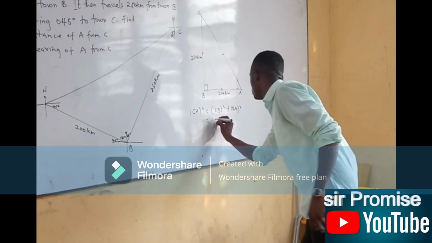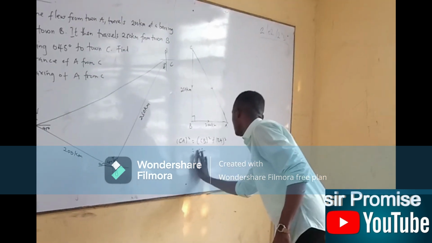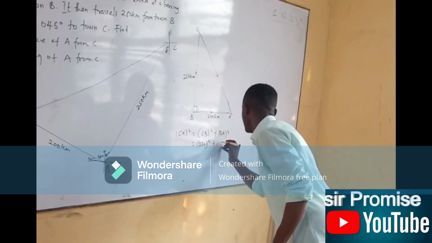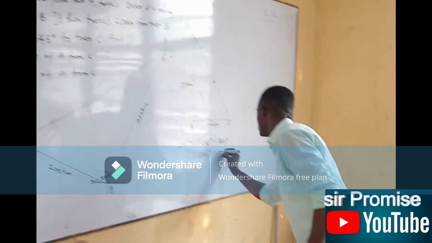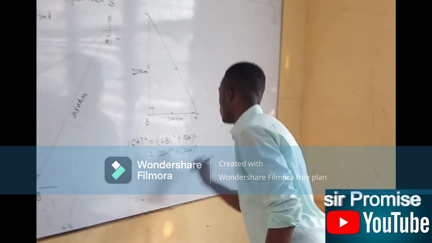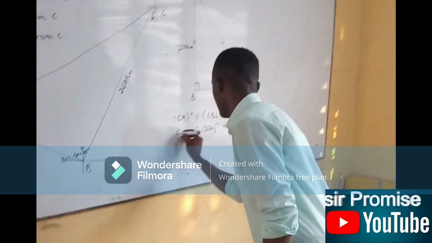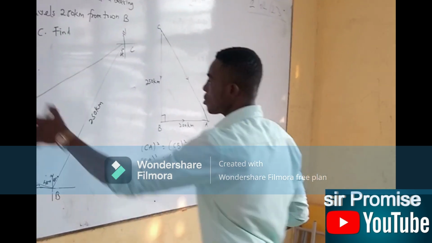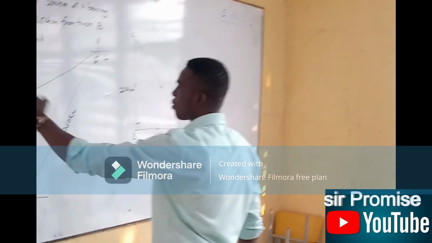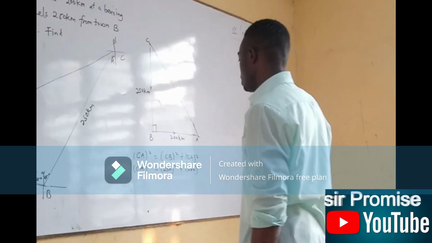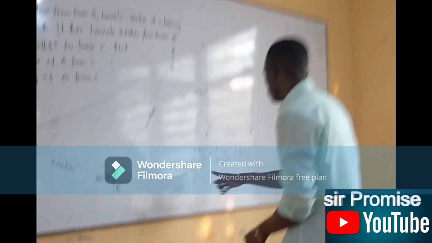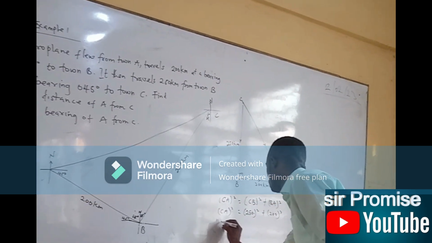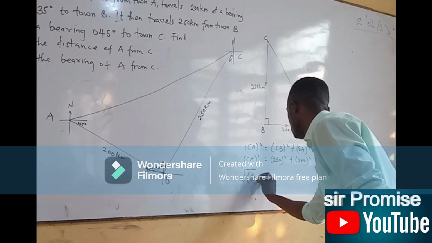CB is 250, squared, plus BA is 200. Once we have this, the question asks us to find the distance of what? CA, not CA squared. So to take away the square, we have to find the square root of both sides.